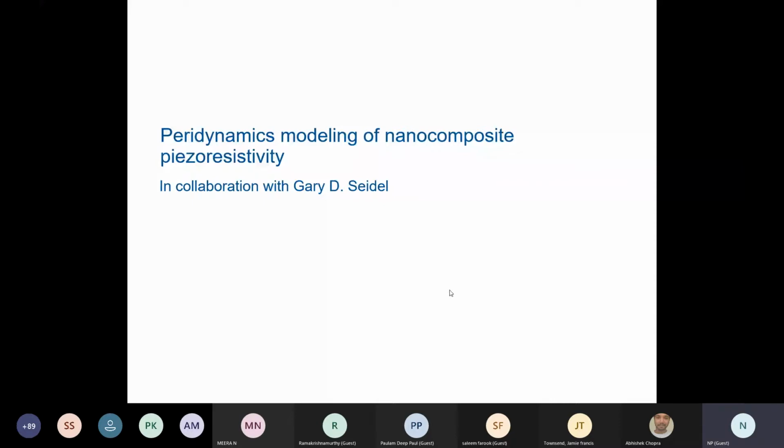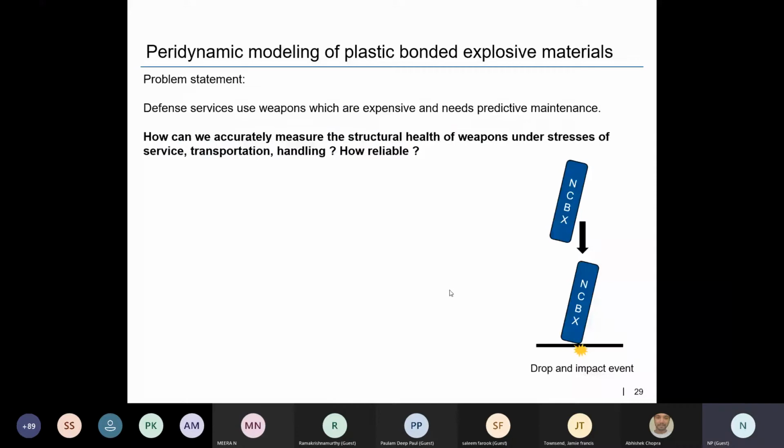So the fundamental problem that we were looking at is modeling of energetic materials or explosive materials that are commonly used by, let's say, the Army Research Labs or Air Force or any kind of defense services, right?